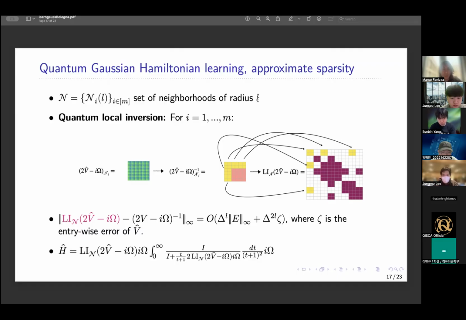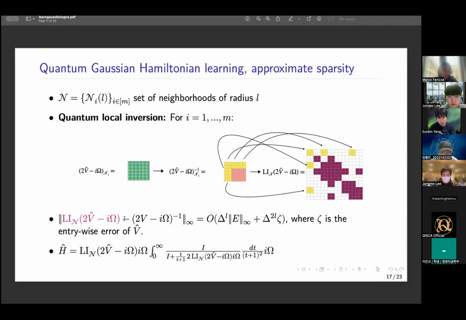And then what we do is what we called quantum local inversion. So we look at the estimates of 2v hat minus I omega for the neighborhood of the vertex i. We invert it, and then we look at the first two rows and the first two columns, and we use them to populate our estimate of the global inverse of 2v minus I omega, which we are indicating as LI, meaning local inverse.